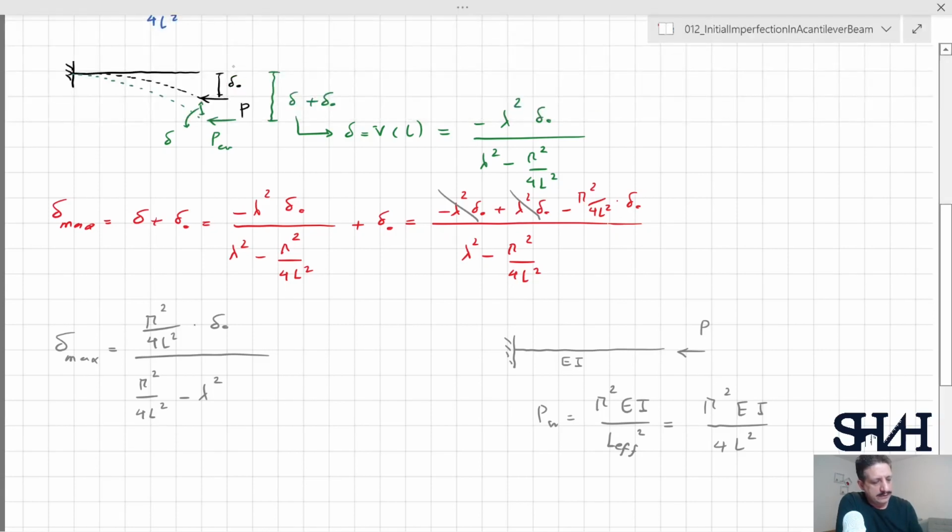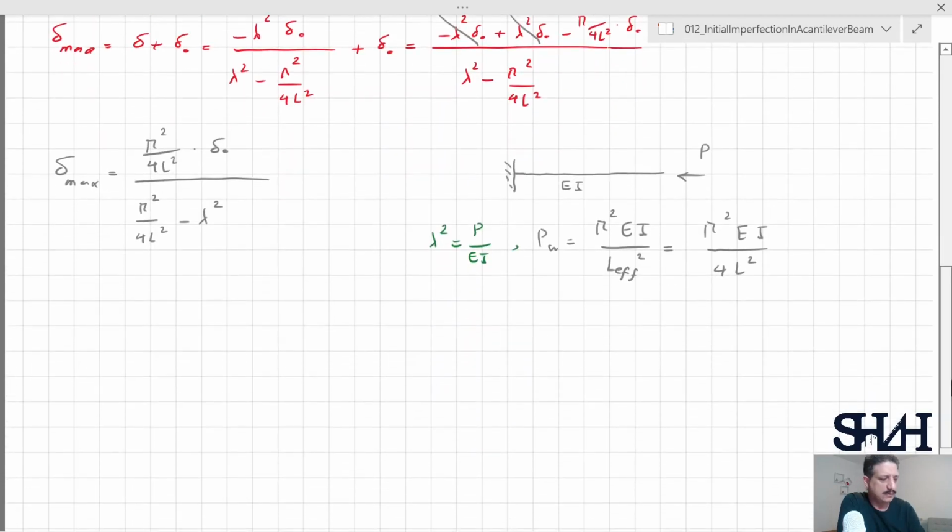Also, we assume that lambda square is P divided by EI. If I substitute this value of lambda, delta max can be calculated according to pi square divided by 4L square, delta 0 divided by pi square over 4L square minus P over EI.